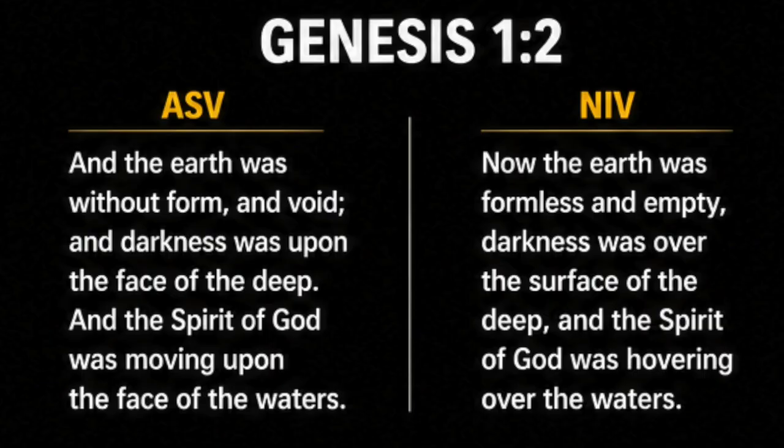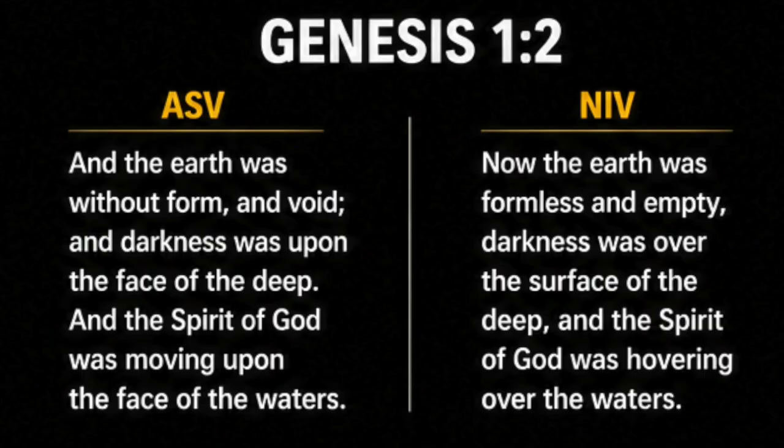ASV, waste and void, is more raw, closer to the original wording. NIV, formless and empty, is easier to understand. Meaning: the earth had no structure and no life yet. Second distinction, face of the deep versus surface of the deep.